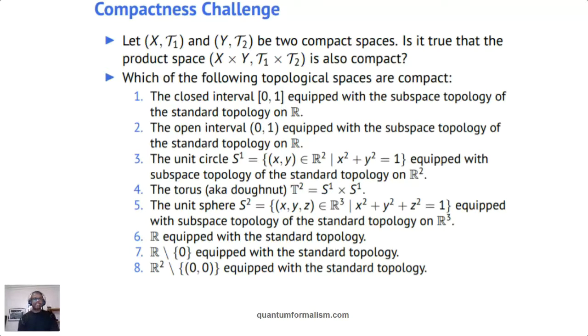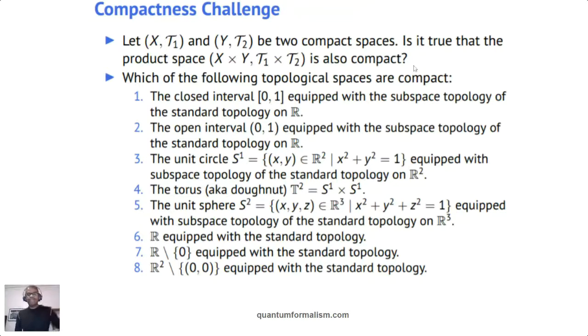So here's another challenge. Given two compact topological spaces X and Y, the question is whether their product is also compact.